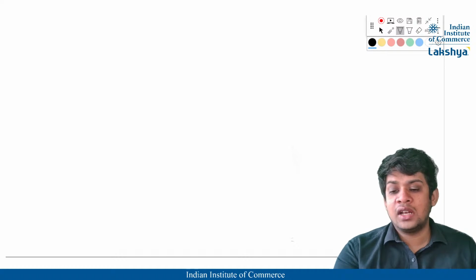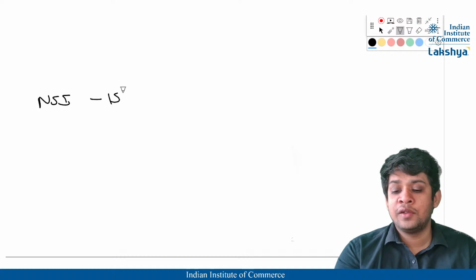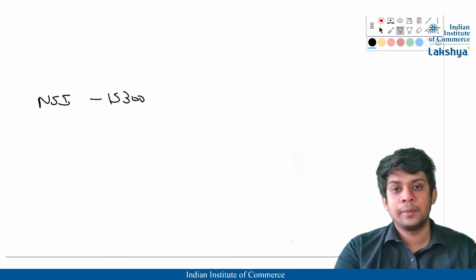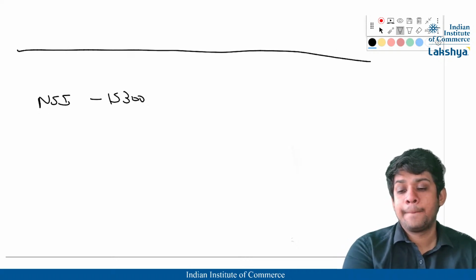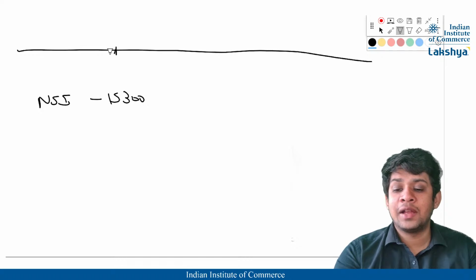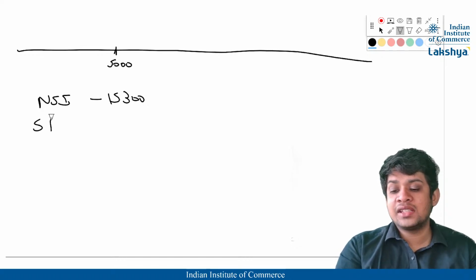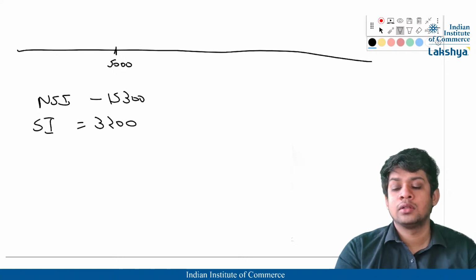So if maybe my non-savings income is rather 15,300. This is my band. Somewhere here my 5,000 is there, and my savings income is actually 3,200.